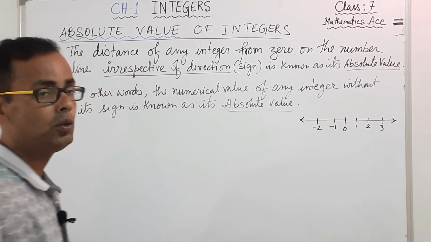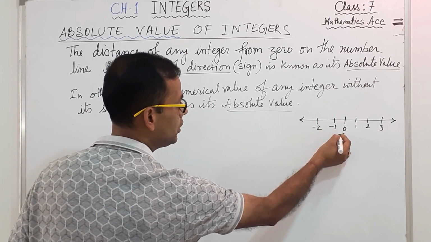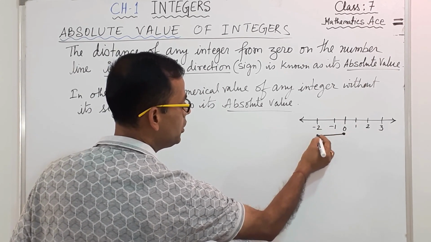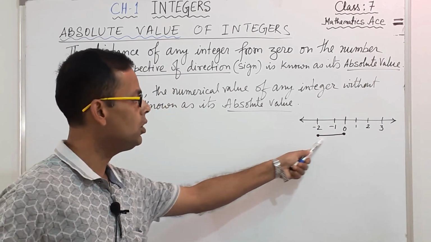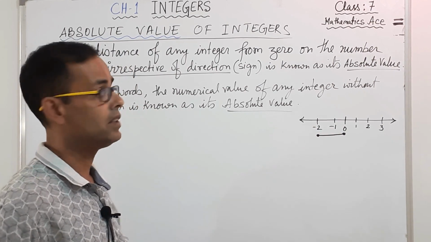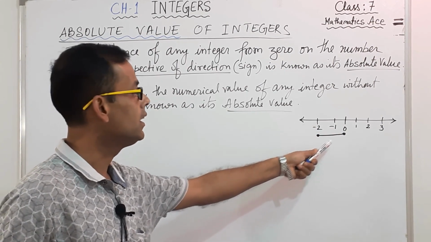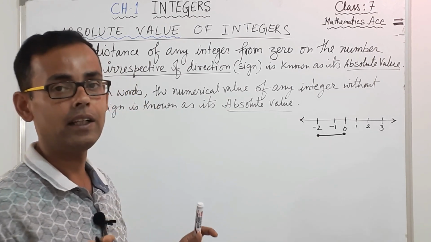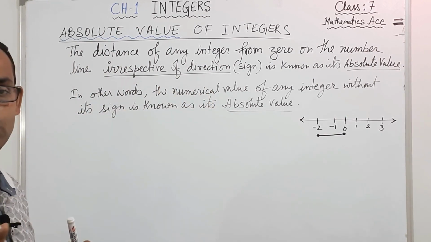If I count the distance from this point to this point, from 0 till here, what is the distance? When I am measuring the distance, you can see this is the negative side, but we will not take the negative.